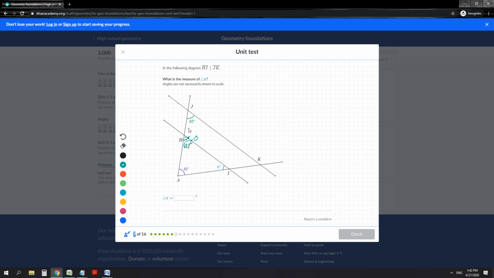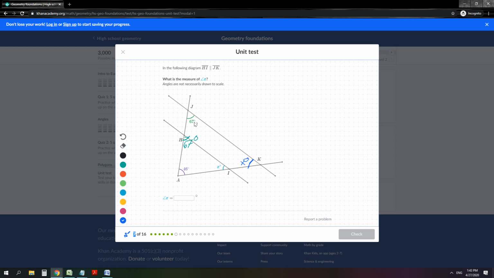Because these two angles are in the same exact spot. These are corresponding angles. That also means that this angle, let's change the color again to this blue that they're using, this angle right here is also x. So if we can figure out either of these x's, we're golden.